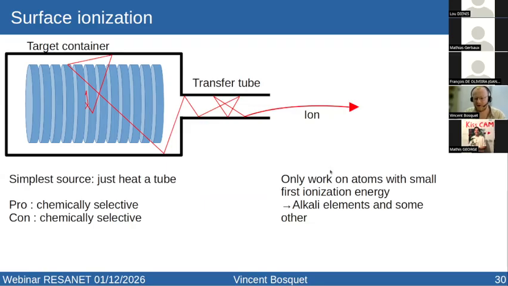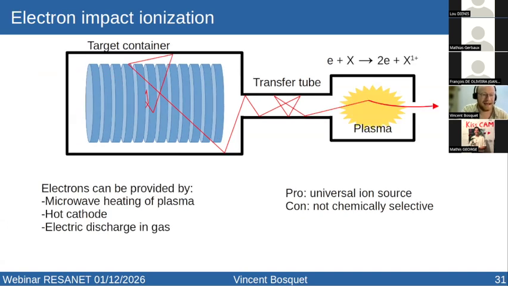It only works for atoms with small first ionization energy, so you'll be able to produce only alkali elements and some others. So the advantage of this method is that it's very chemically selective, but the disadvantage is that it's very chemically selective. So you can't produce all of the elements, sadly.